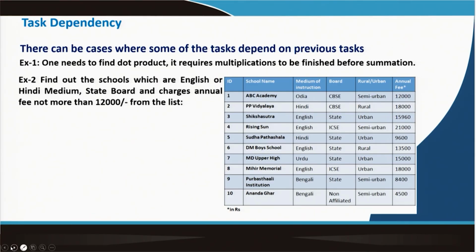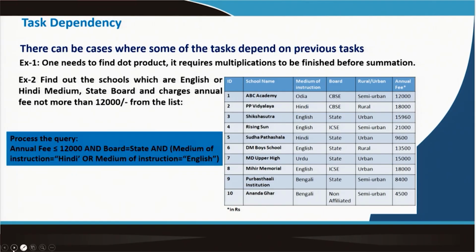They belong to the state board in the state they are operating, and their annual fee is not more than 12,000, and those schools have to be found from the list. So one has to process the query: annual fee less than 12,000, board is state, and medium of instruction Hindi or English. How do we find this out?